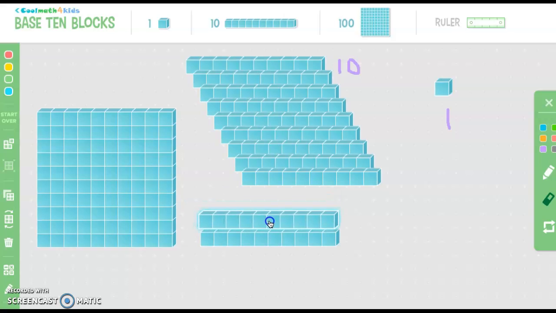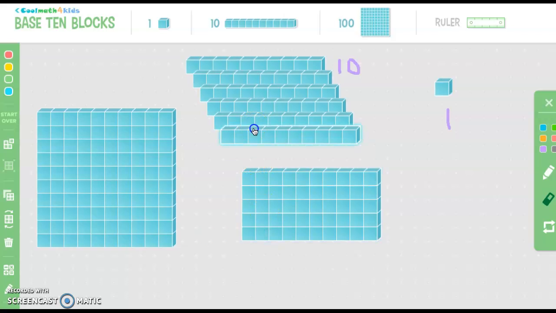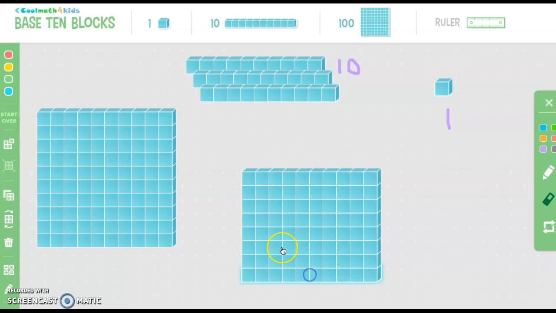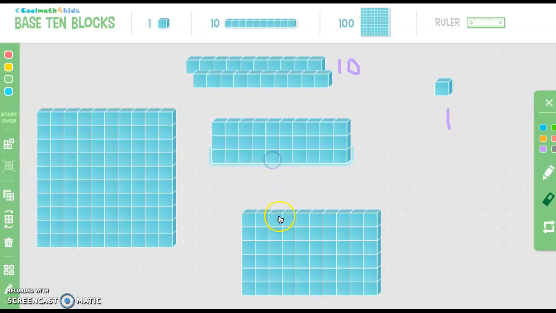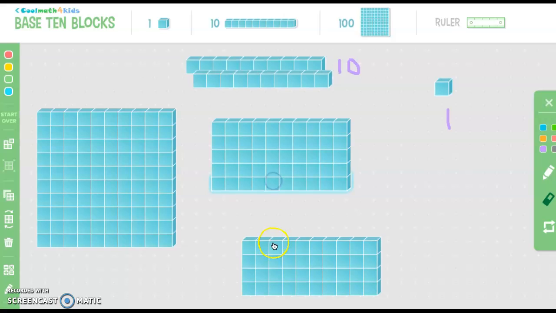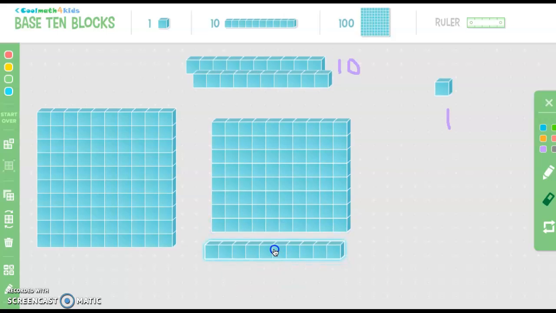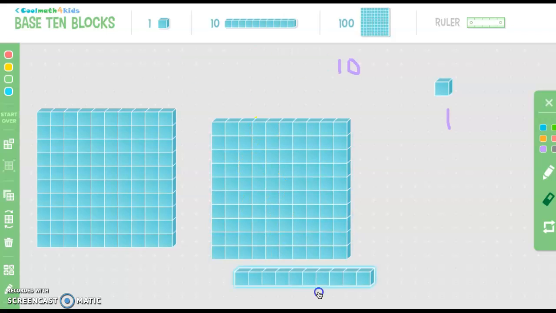And put those together. And this is a website that you can go to practice making them, using them. 10, 20, 30, 40, 50, 60.